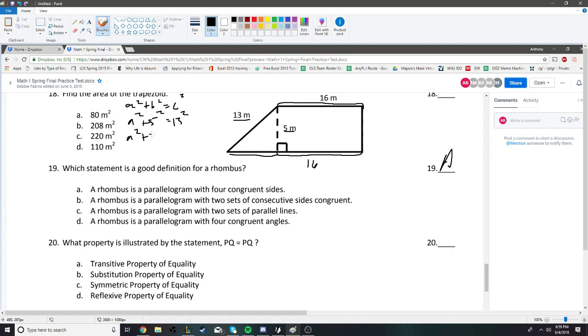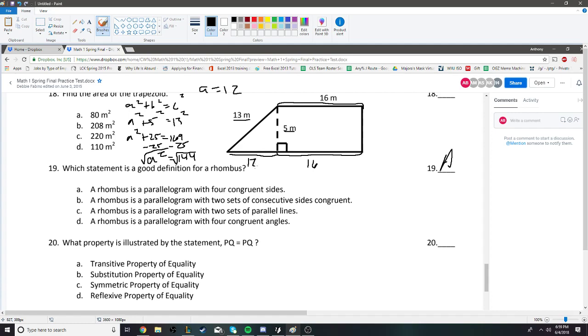Well, 5 squared is 25, and 13 squared is 169. When we subtract 25 on both sides, we get a squared equals 144. The opposite of squaring something is to square root it. We get a equals 12.